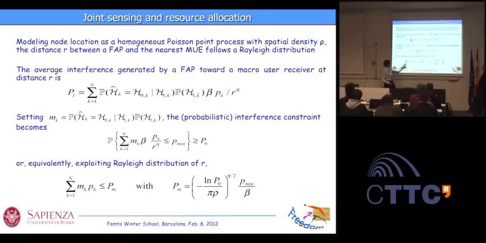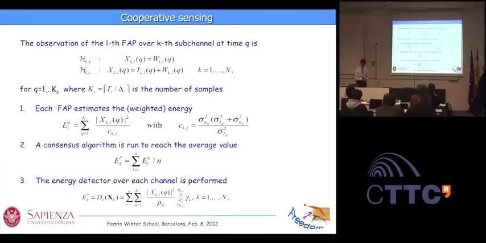We have just a summation of transmit powers over all the subchannels, weighted by some coefficients, and these coefficients depend on the probability P0, on the beta, which was the expected value of the transfer function, on the density of the macro users, and on the minimum detectable power. Okay, so this is a way to handle our lack of knowledge about the channel between femto and macro users.